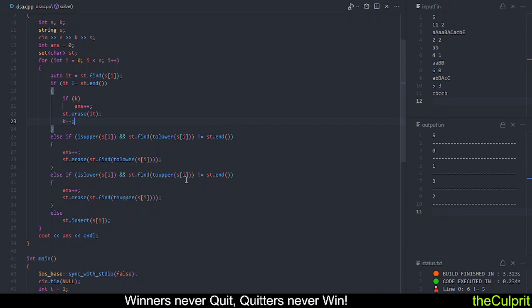Does it solve the problem of overlapping pairs? Yeah, I guess so, because if we find a character, we are going to pop it out. So I don't see a reason for it to be a wrong answer.